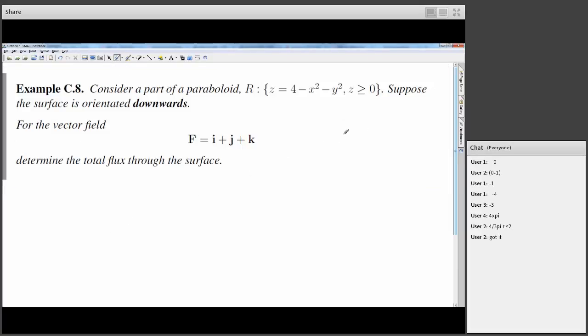So I've got x, y, z. Back to our quartic surfaces we did ages ago. I've got a paraboloid, which looks like a bit of a hill, z equals 4 minus x squared minus y squared.